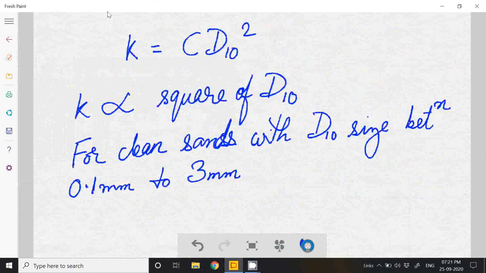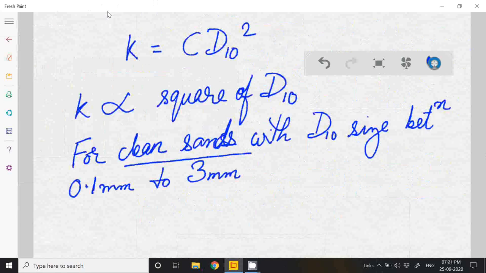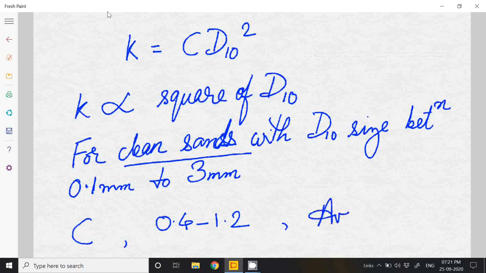And the value of C varies from 0.4 to 1.2. So C varies from 0.4 to 1.2, and generally the average value is 1.